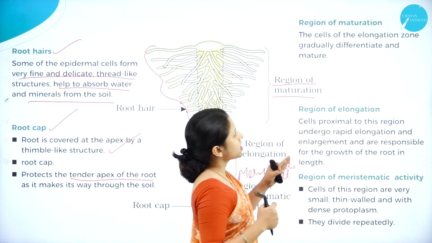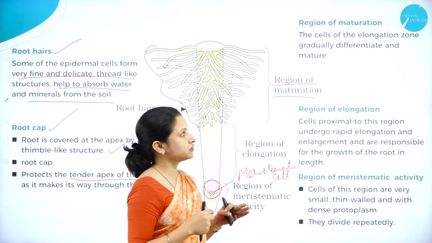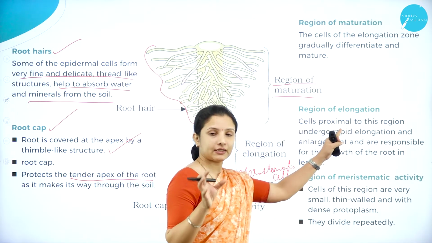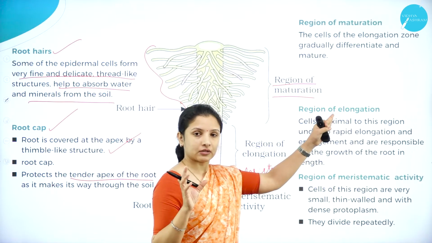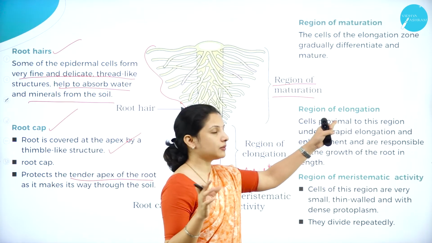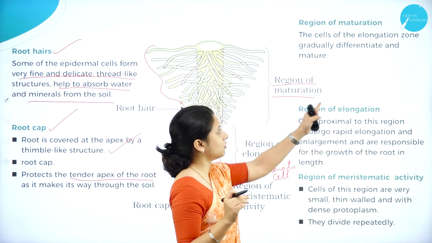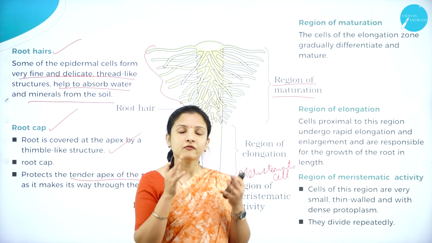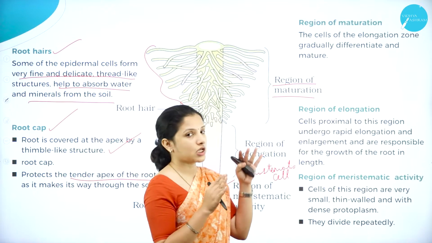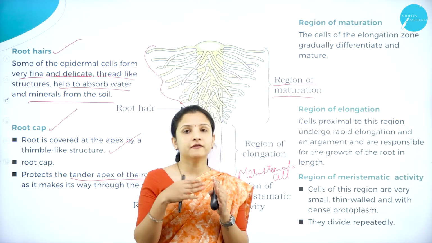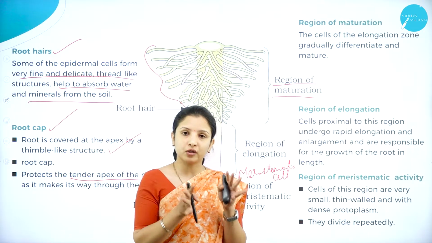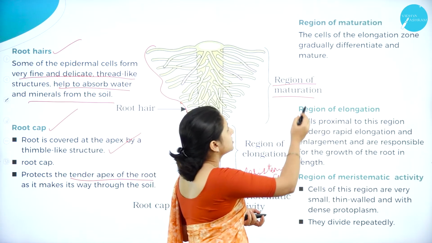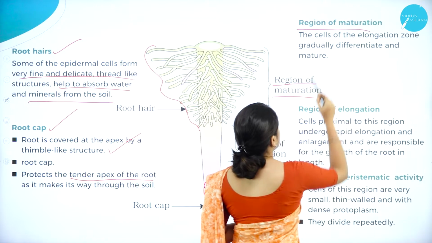In the region of maturation, the cells of the elongation zone, whatever cells have increased in size or become lengthy, will differentiate and become matured cells. Once in the region of maturation, the cells will not undergo any further process because they have matured and finished their job there. So that is the region of maturation.